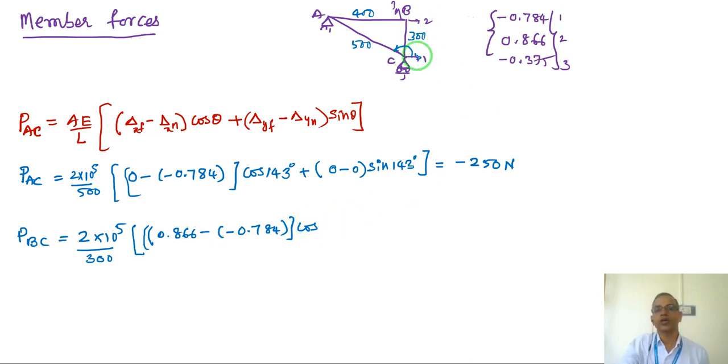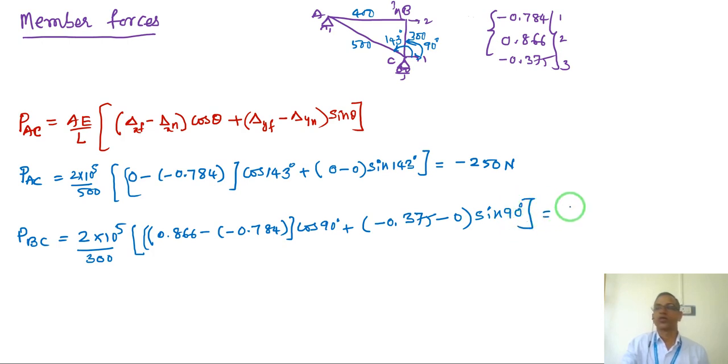So this angle is 90, previously it was 143 degrees. So cos 90 plus y displacement, vertical displacement far end 3 here minus 0.375, near end displacement not there, so 0 into sine of 90.